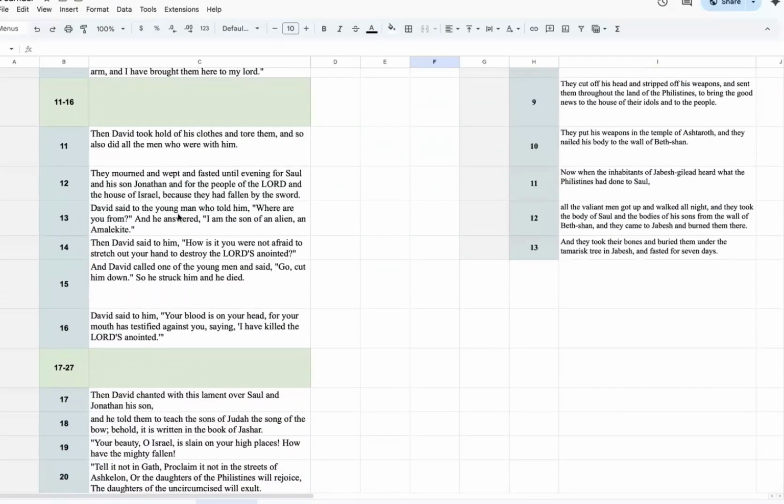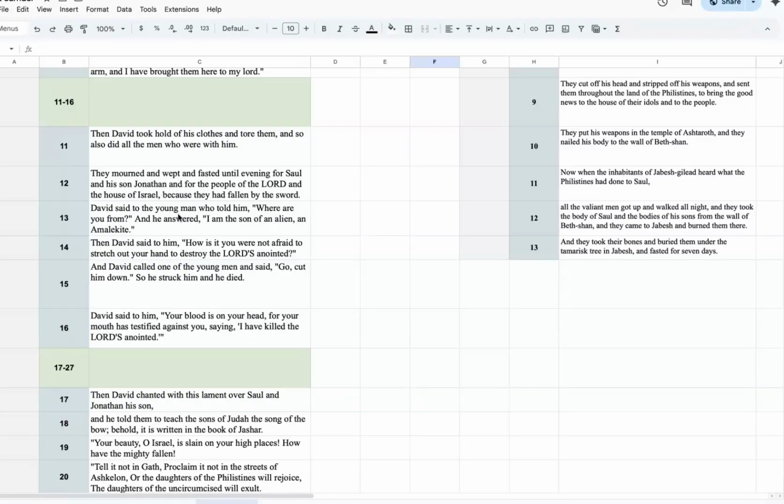So then moving on, David took hold of his clothes and tore them. So also did all the men who were with him, and they mourned and wept and fasted until evening for Saul and his son Jonathan, and for the people of the Lord and the house of Israel, because they had fallen by the sword. David said to the young man who told him, "Where are you from?"